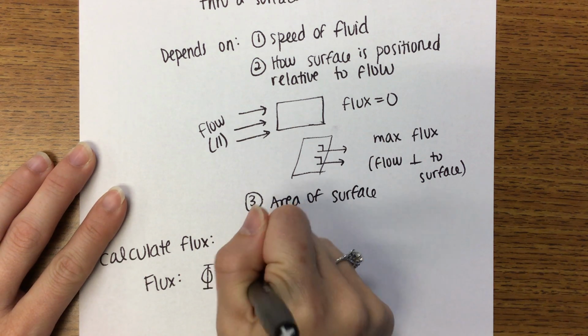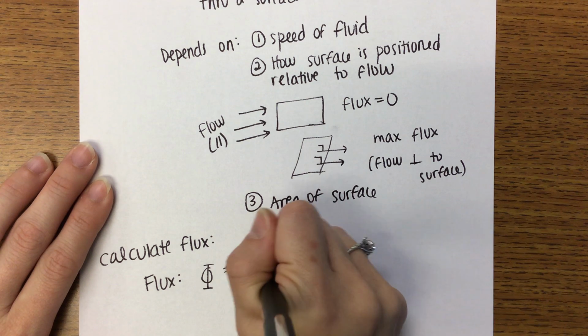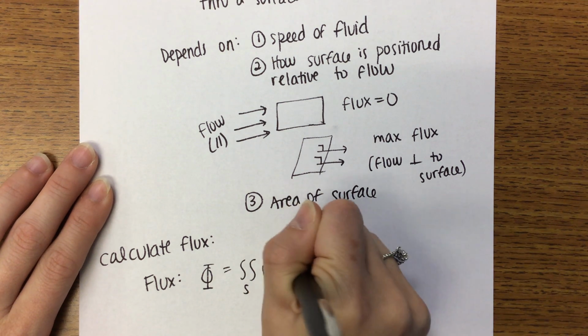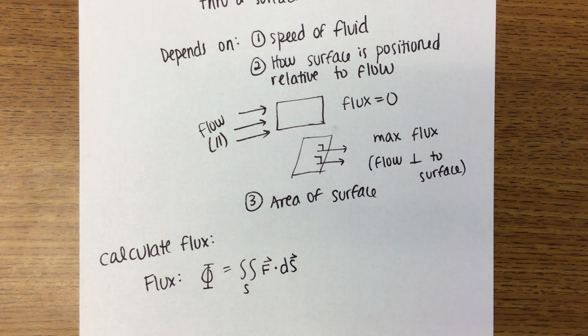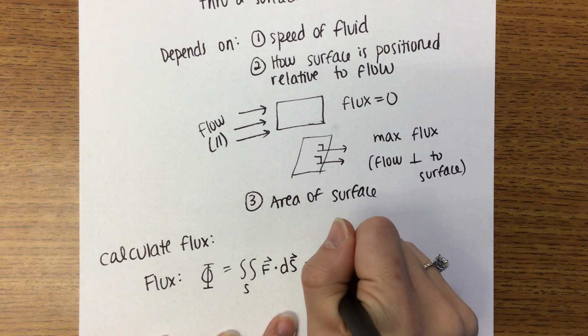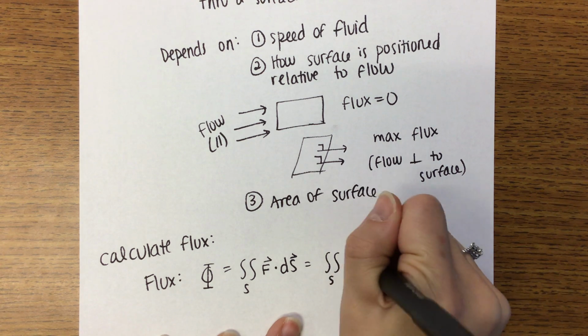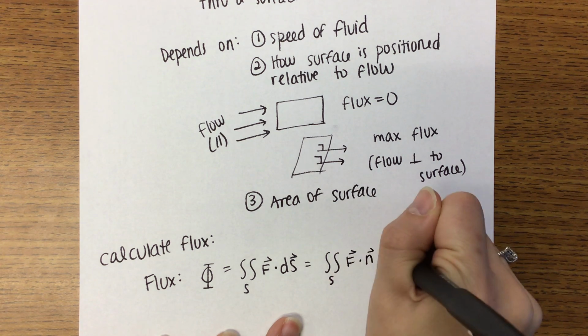So this is going to be the surface integral over the surface S of F dot d big S. This is how you know that we're talking about flux. Okay, this is going to be the surface integral of F dot n dS.